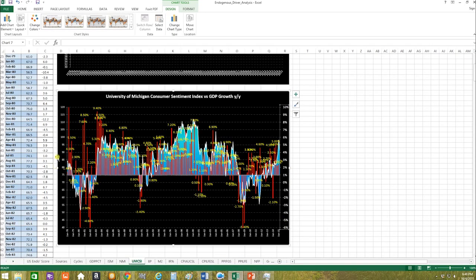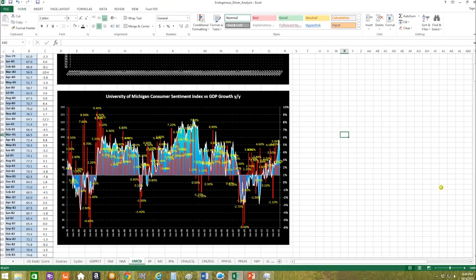And the average level of the UMCSI is 85. You can check that if you run through the data by just bringing up a trend line of the average of the entire data onto your chart. And this is consistent with levels of around 3% GDP growth.